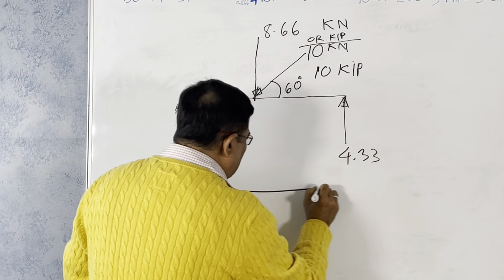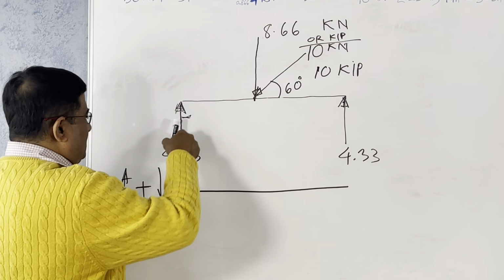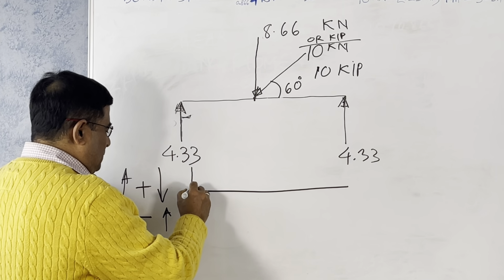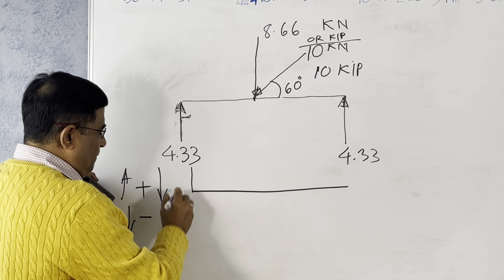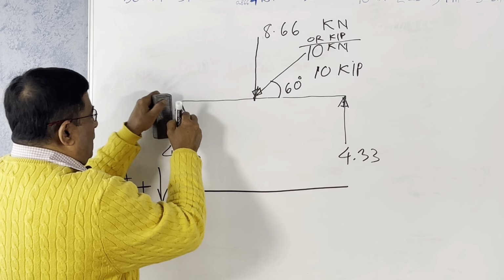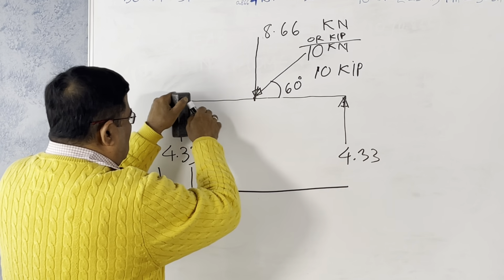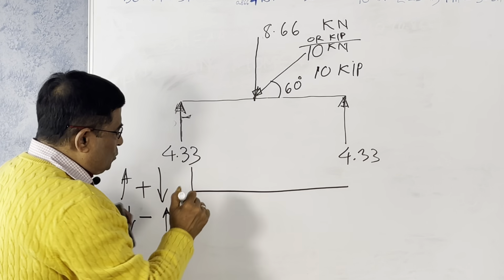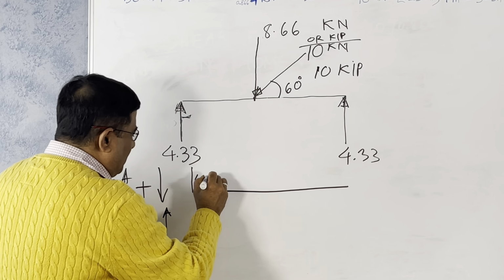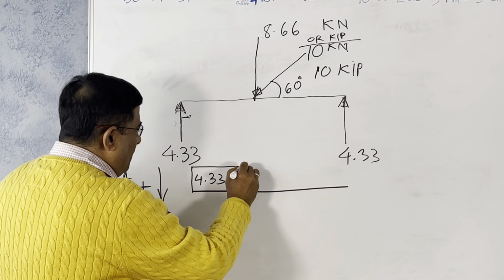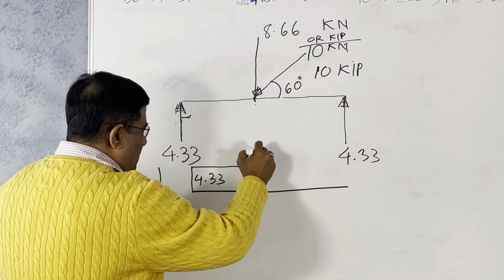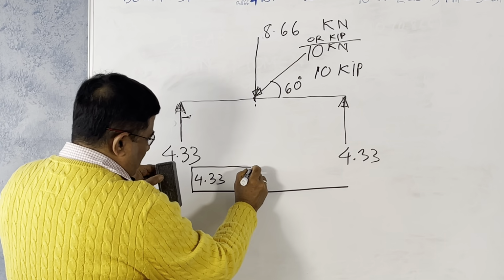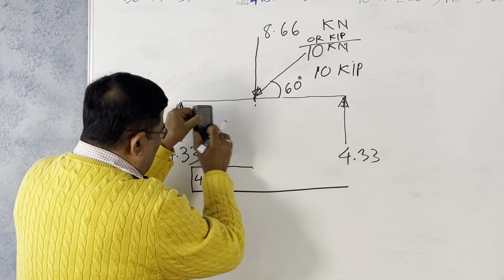So let us do one thing here. If this is 4.33, with graphical representation, we assume this is 4.33 from here to here. There is no load from here to here, so it will be constant 4.33. As soon as you reach this point, just left of this section it is 4.33.